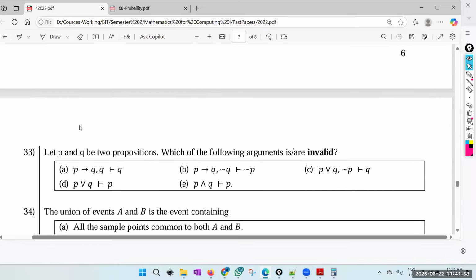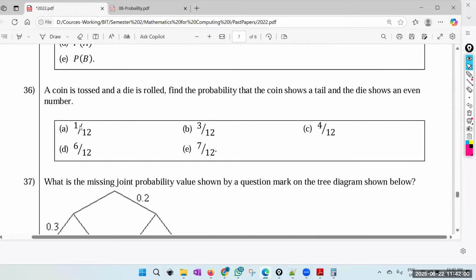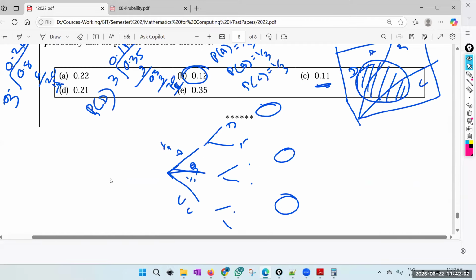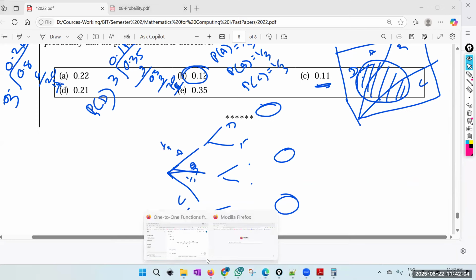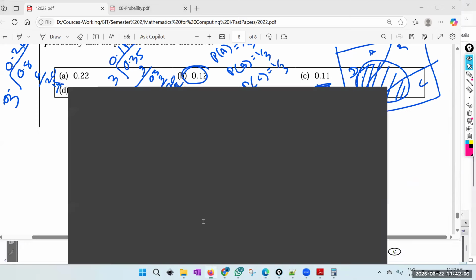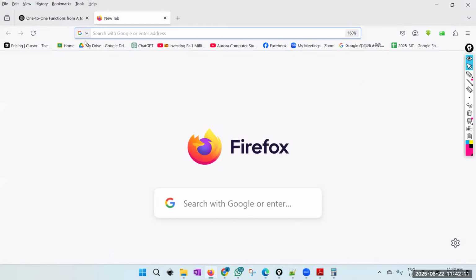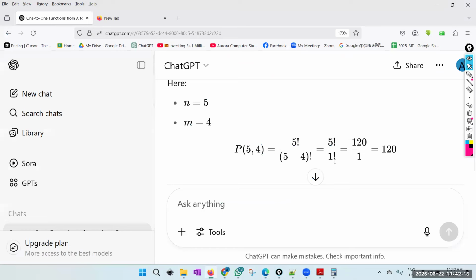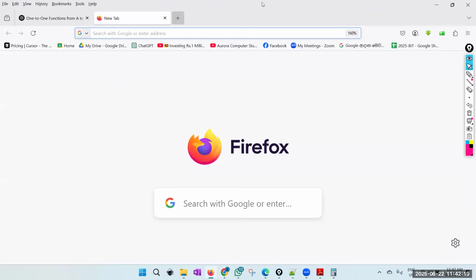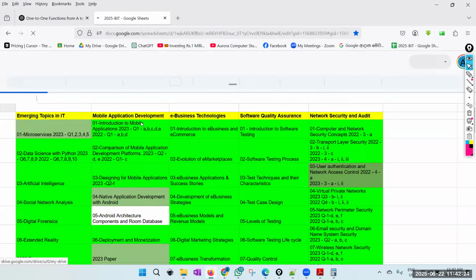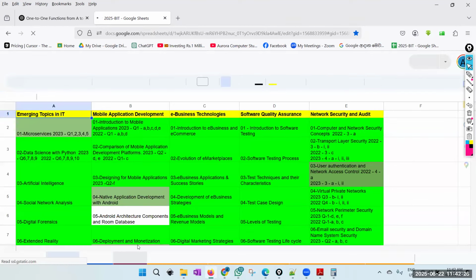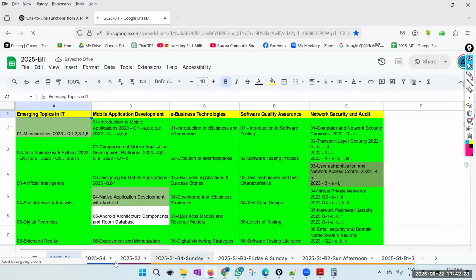One question I told you that we will not do, okay? Right, so yeah, that's it about 2020. Actually, that paper is tougher than the 2023 paper, right? So now shall we do the rest of the 2023 paper? Because that paper is much easier than the 2022 paper.